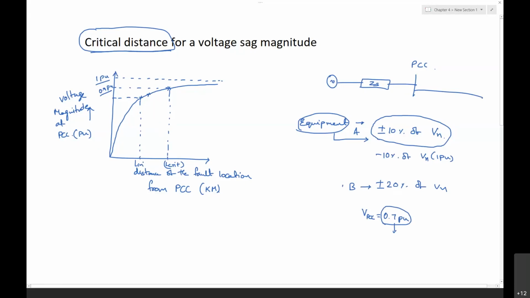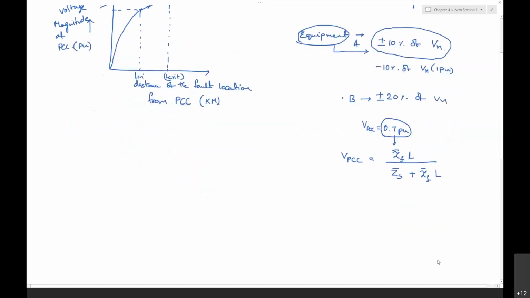In that case, to find out the critical distance, we know VPCC is equal to the fault impedance per unit kilometer by ZS bar plus ZF bar, it's a complex quantity only, into L. We can find out the critical distance, L critical.